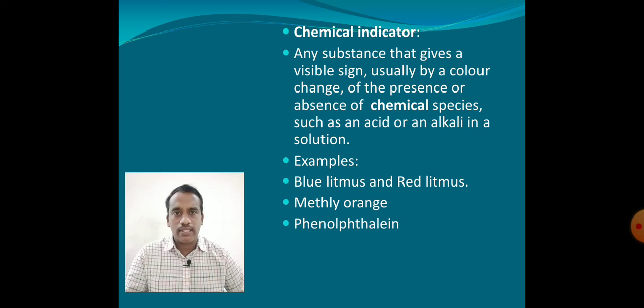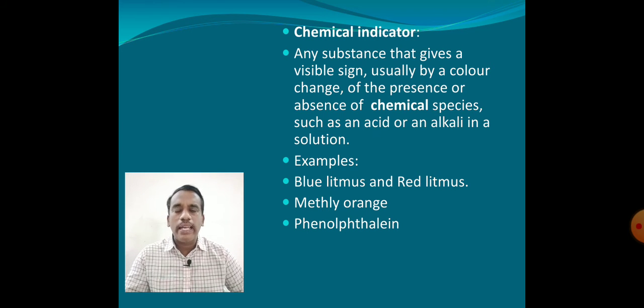Any substance that gives a visible sign, usually by a color change, of the presence or absence of a chemical species such as an acid or an alkali in solution. The bases that are soluble in water are called alkalis, children. So if you are placing a blue litmus paper into a test tube containing a solution, if it has not turned to red color, then what final conclusion can you say?